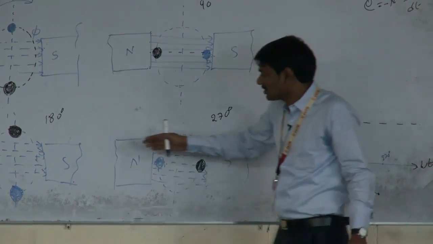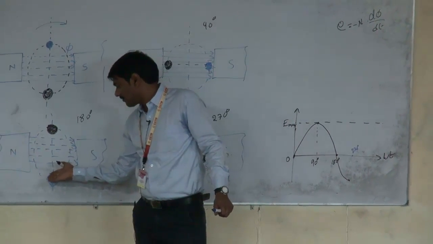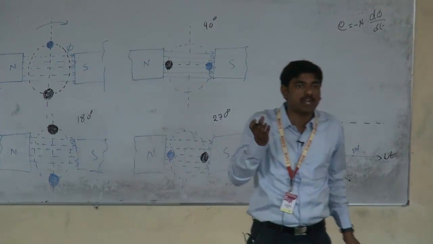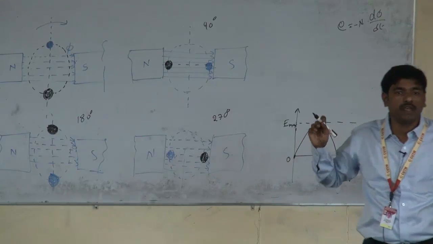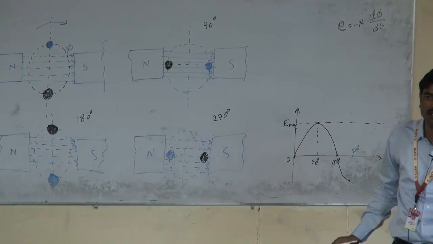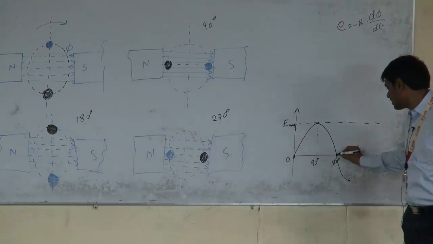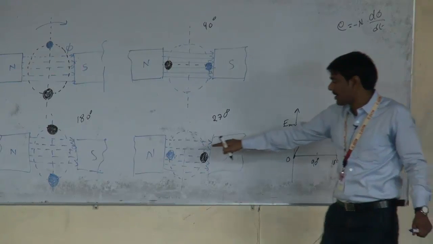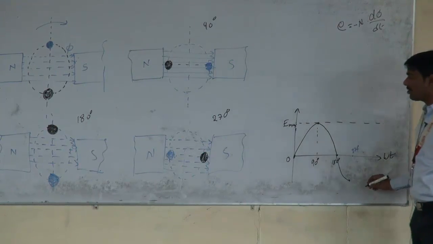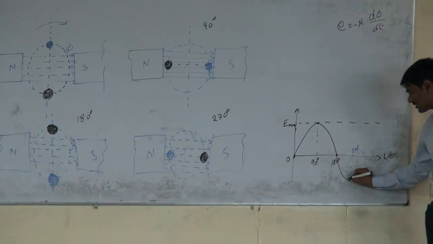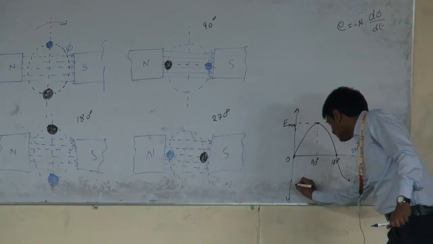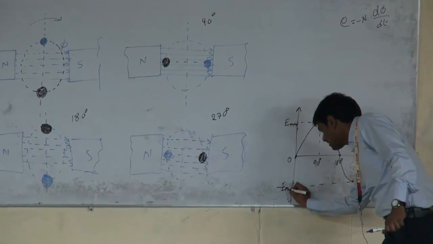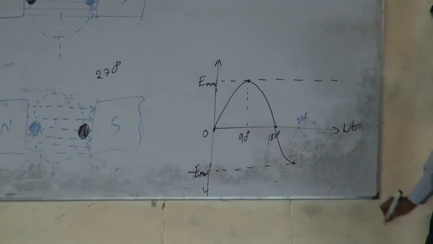When the conductor moves from this position to this position, the effect of magnetic flux increases gradually and reaches its maximum when the conductor is perpendicular to the magnetic field. At 270 degrees, the induced EMF is maximum, and this is minus Emax, since the direction of the motion of the conductor has changed.